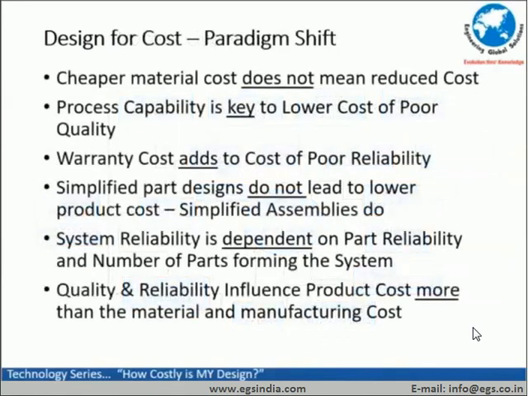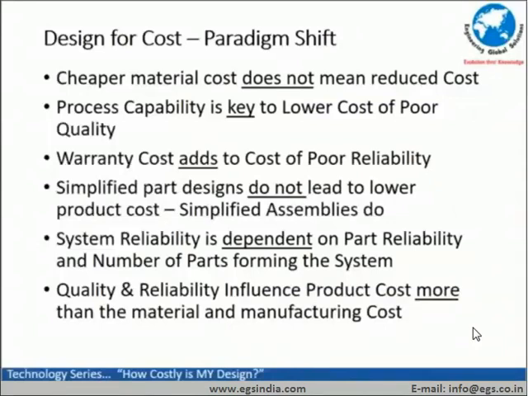Now, design for cost is a paradigm shift that we need to enable as a part of our design process, because as we have seen, cheaper material cost does not mean reduced cost. Process capability is key to lowering the cost of poor quality. Warranty costs add to the cost of poor reliability. Simplified part designs do not lead to lower product cost.